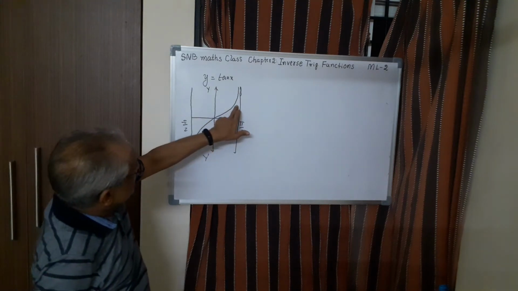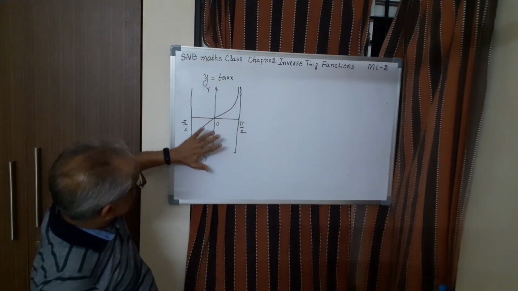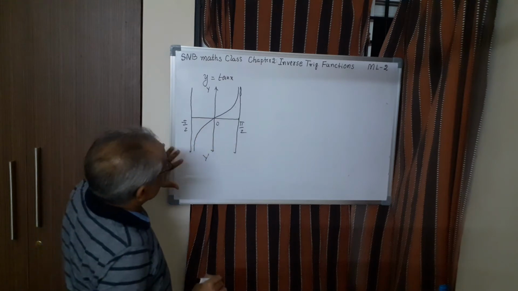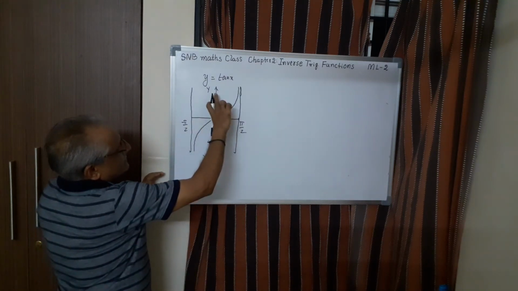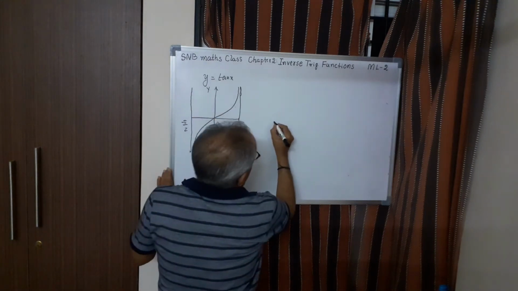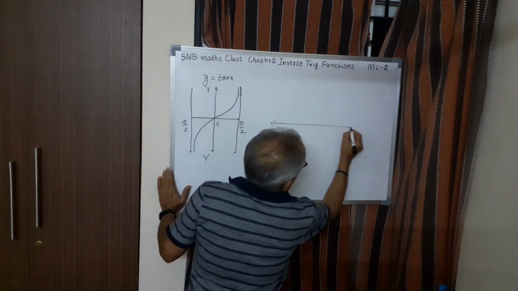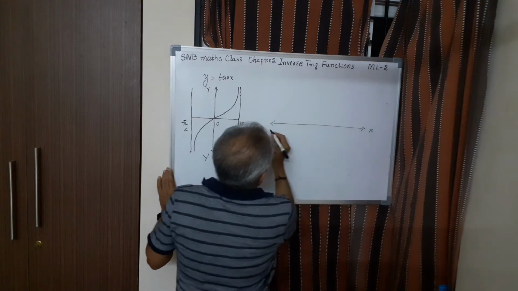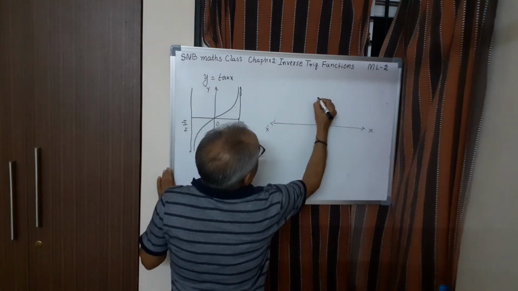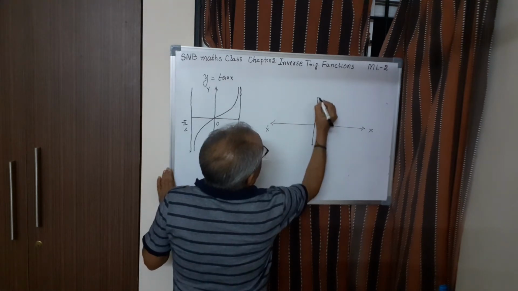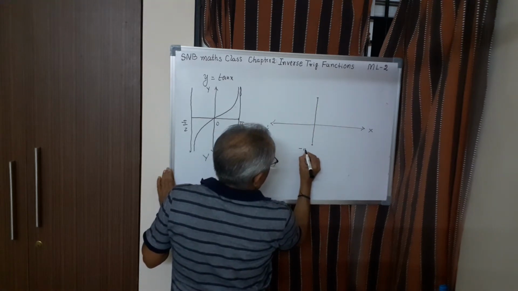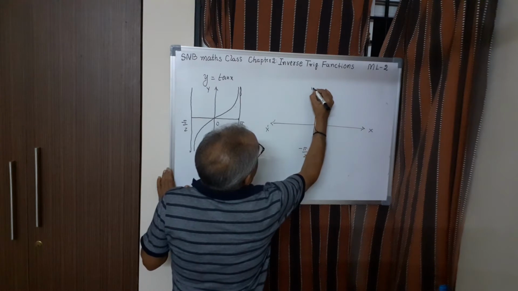How to draw the inverse function for this one? I told you what I have to do is take this as y-axis, this as x-axis. Therefore, what I have to do is I have to take this x-axis and this is y-axis. This is minus pi by 2, this is pi by 2.